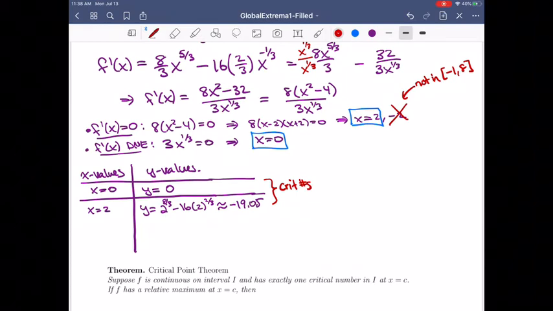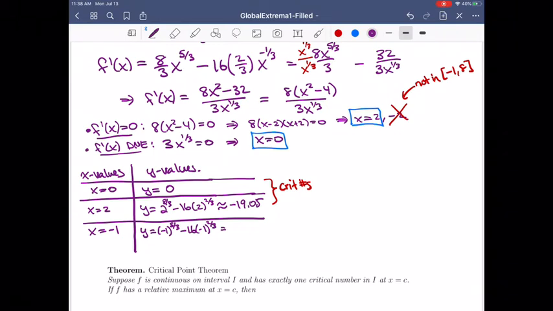Okay, but I also want to check the endpoints. So that means I also have to plug in x equals -1. So y is going to be -1 to the 8/3 minus 16 times -1 to the 2/3. So that's actually going to be +1 minus 16, so that's going to be -15.